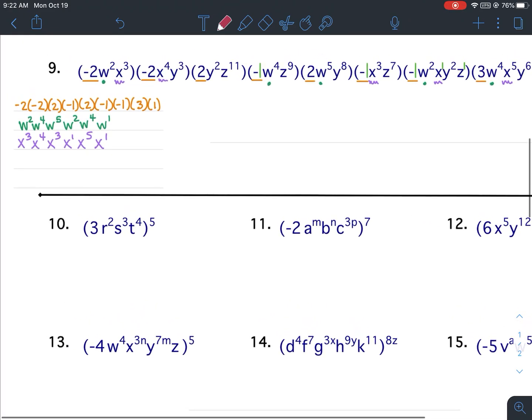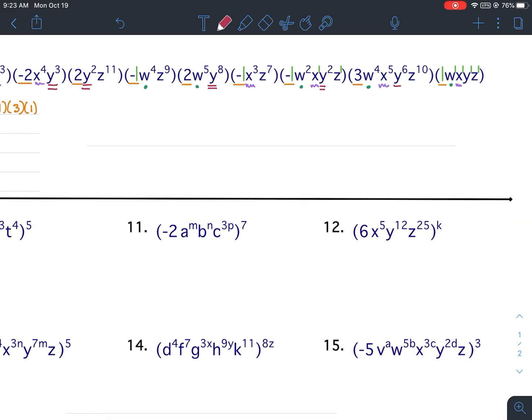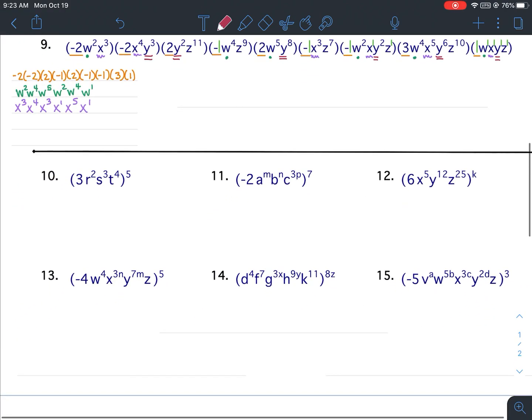Now we'll do our Y terms. Y cubed, Y squared, Y to the 8th, Y to the 2nd, Y to the 6th, Y to the 1st.